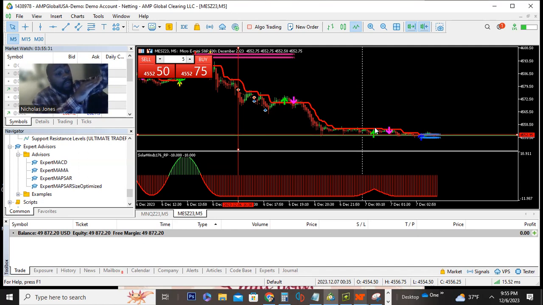I have to wait until the 5 minute pulls back to that 200 moving average, the 15 pulls back to that 200 moving average, and the 30 pulls back to that 200 moving average and bounces back in the other direction. So I'm going to get into fewer trades, because I have to wait for them all to pull back and go back the other direction. But I'm only trading with the trend.